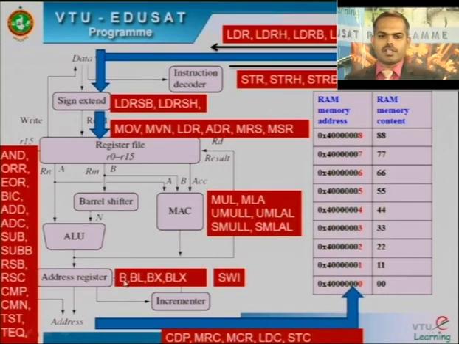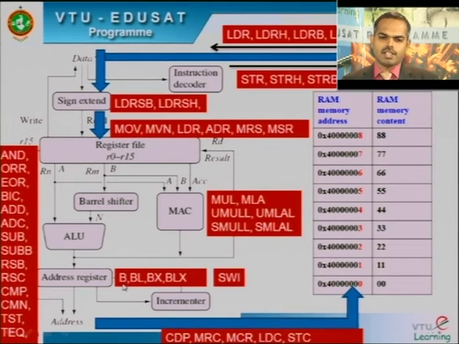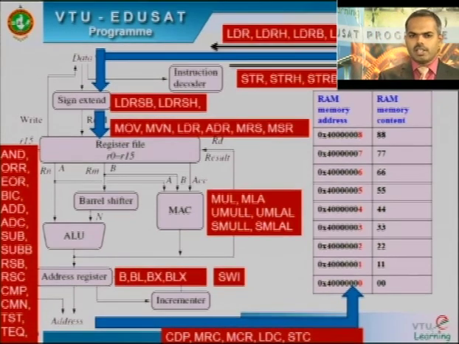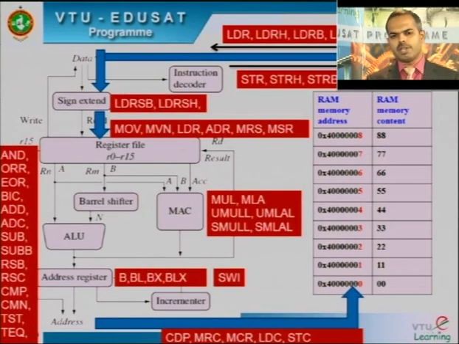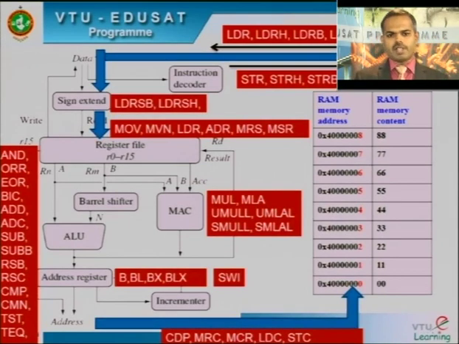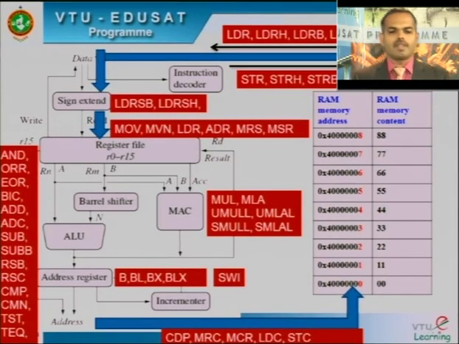These branch instructions are B. B stands for just branch. The B instruction is unconditional. It is very similar to an unconditional jump instruction in any other processor. The B instruction can also be combined with a condition code, which makes it a jump instruction with condition.